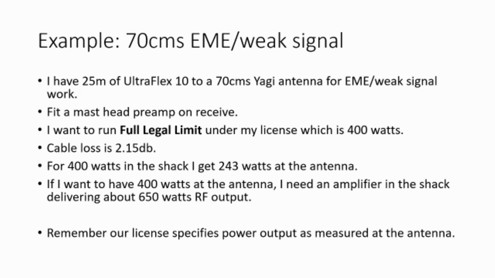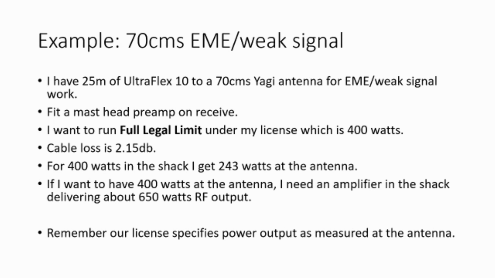The cable loss for 25 meters of Ultraflex 10 is 2.15 dB. So if you have 400 watts in the shack, you're going to get about 243 watts at the antenna. If you want to have your full legal limit at the antenna, you need an amplifier in the shack delivering about 650 watts RF output.